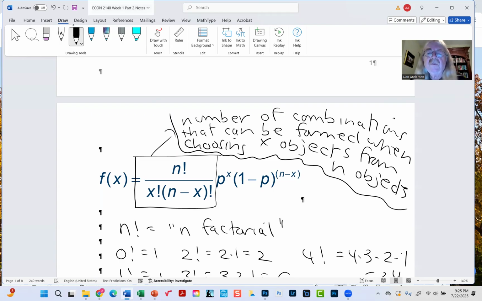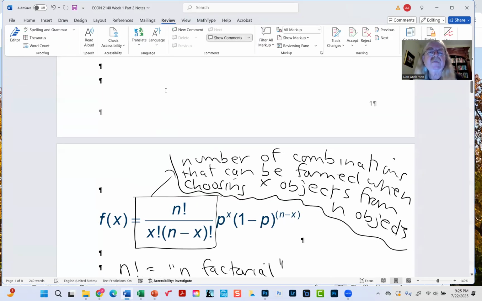So what we have at the beginning of our formula is the number of ways of choosing X objects from N when the order of selection does not matter. Down here we have the probability of a head in this case raised to the X power, and then the probability of a tail raised to the N minus X power.